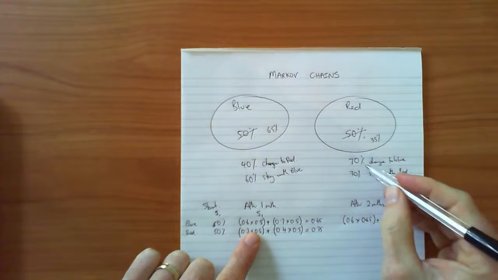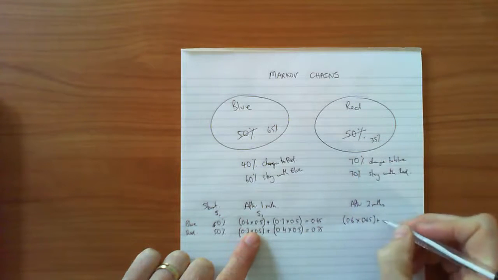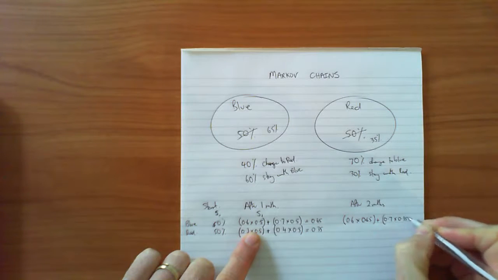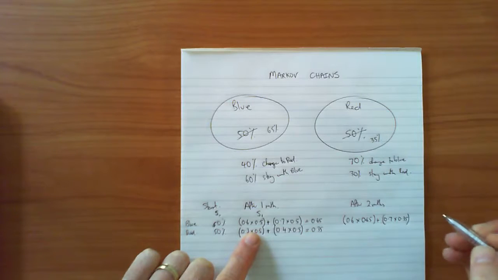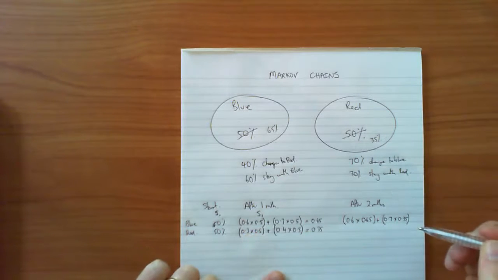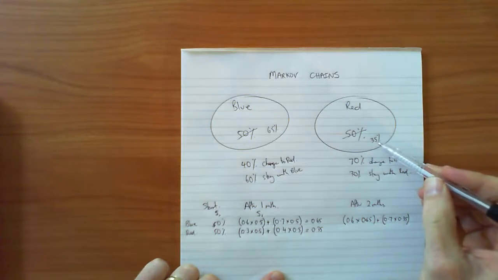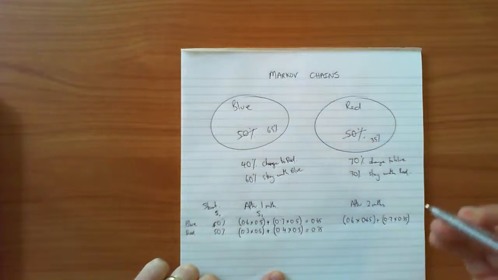So 70% of these guys change. So plus 0.7 lots of 0.35 actually change to drinking blue. You can see that these guys are going to start dwindling down.